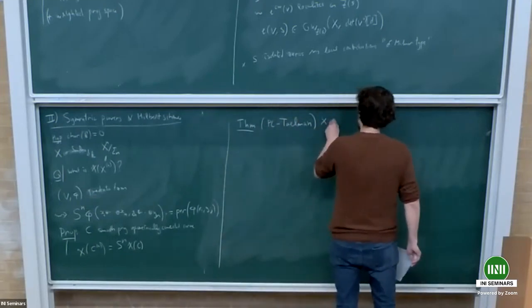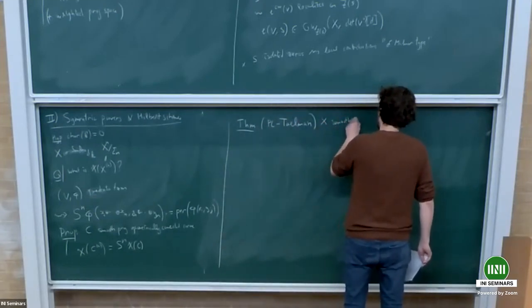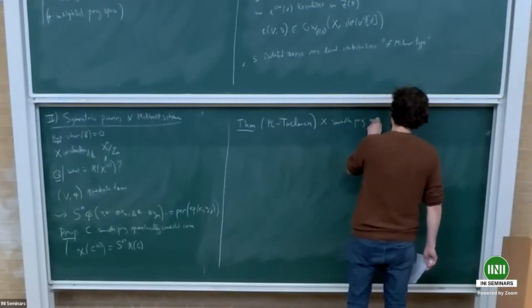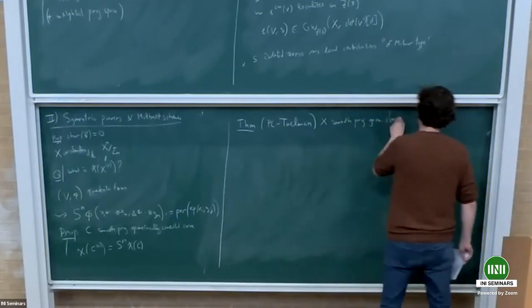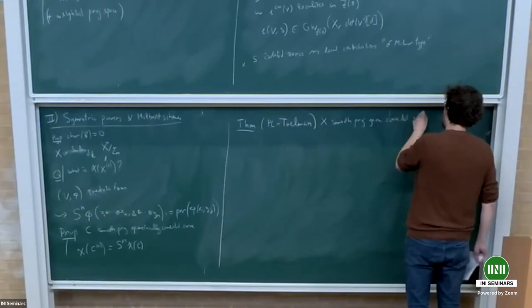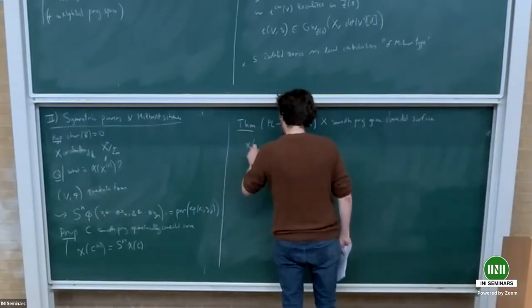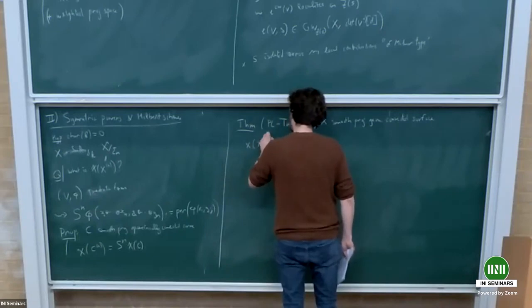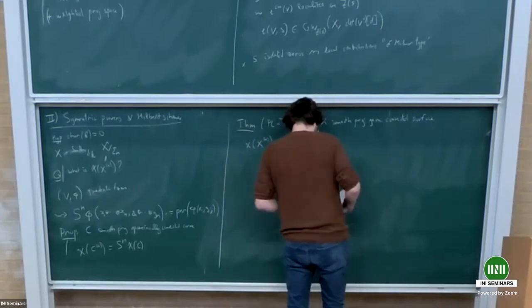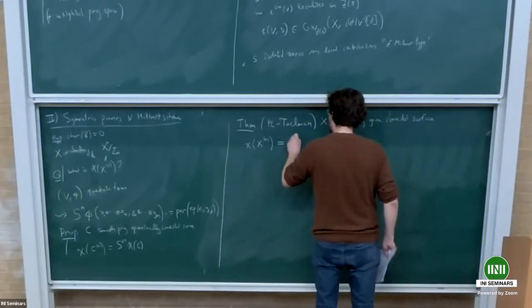So here X is a smooth projective geometrically connected surface. And so the result is that this quadratic Euler characteristic is this plus a lower order correction. And here it's a little unsatisfactory.